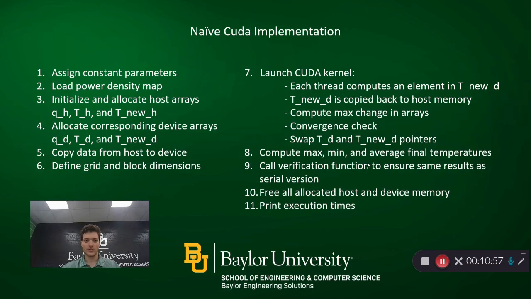All right, for the CUDA naive implementation, I implemented the same general algorithm, but instead of serial, went parallel with CUDA, and this included a main file and then a kernel.cu. So in the main, assigned constant parameters, just the setup stuff as before.